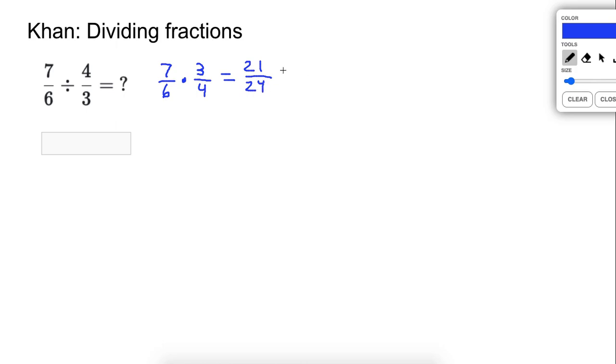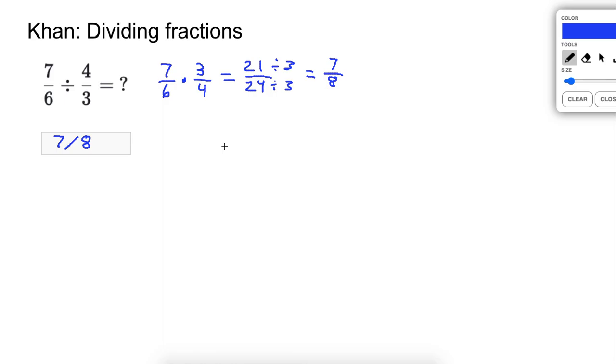Those are both multiples of 3, so I'm going to divide them both by 3, and we would end up with 7/8. Okay, so we would put that in as our answer, 7/8. I think it would take the 21/24 for your answer also, because some of these it doesn't expect it to be reduced, but it is good practice if you can to reduce these.